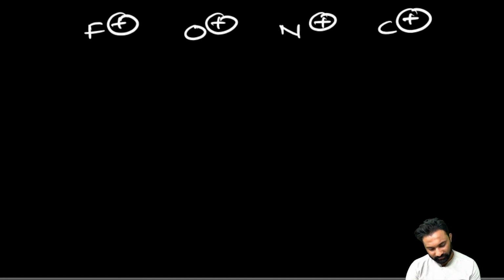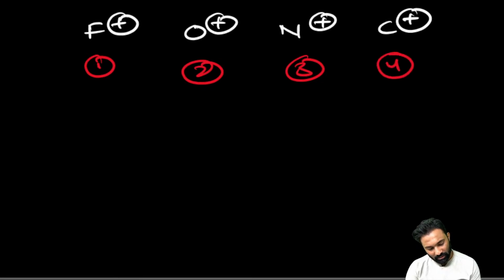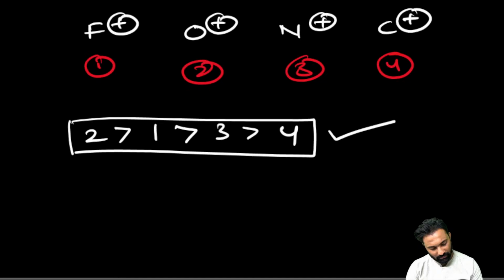Now you see, here the actual order will be 2 greater than 1 greater than 3 greater than 4. This is the correct order. 2 greater than 1 greater than 3 greater than 4 is correct.